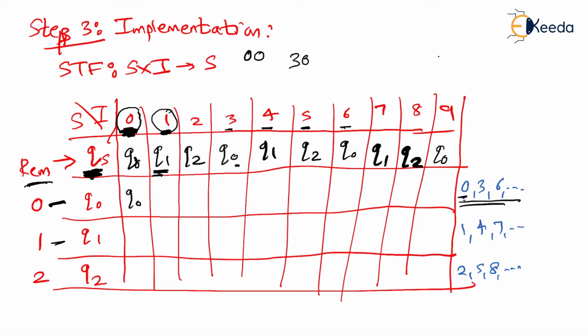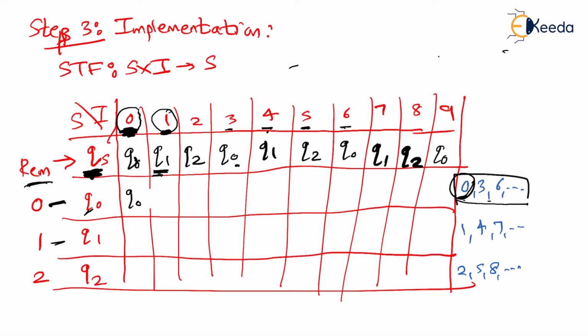Assume any other number. Let's say you assume a number from this set like 12. So you have currently 12 with you in state Q0 and the input 0 comes. Number becomes 120. 120 again when divided by 3 is going to give you the remainder 0. So what I want to convince you over here is that you assume any number from this particular set, it is always going to go to state Q0. So now let us go ahead and start filling the next cells.